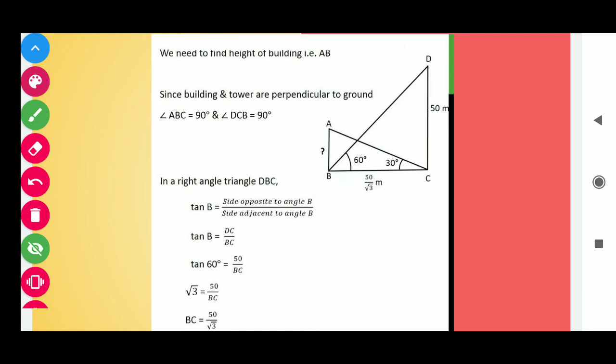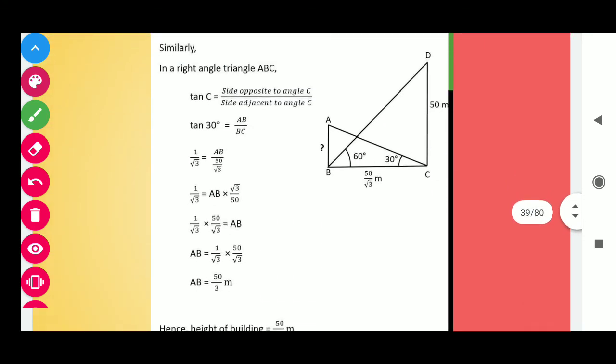So students, let's start. Here we use tan B. Tan B, B here is 60 degree and perpendicular is 50 and base we had to find BC. So students, by doing cross multiplication we get BC 50 over root 3. Now students, similarly in right triangle ABC we use tan C. Tan C is equals to AB over BC.